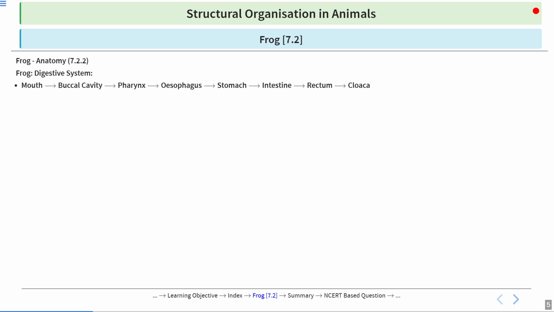And from the pharynx, there is a tube-like structure in which no digestion occurs. That is called the esophagus. Now, this esophagus joins with a round pouch-like structure, right?